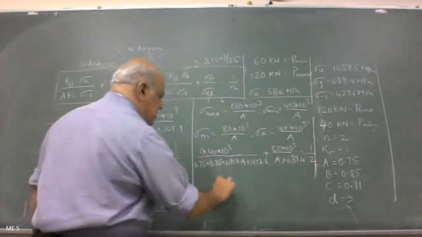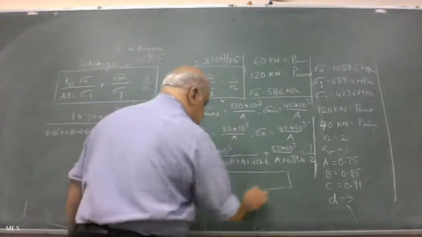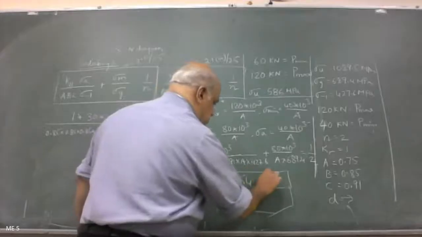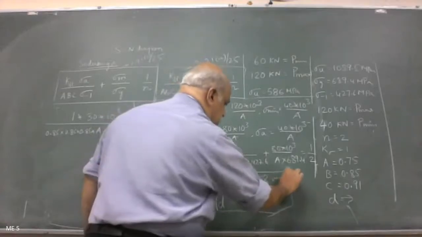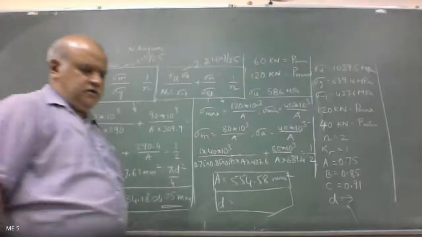What is the value of A and what is the value of D? A is 554.58. D is 36.57.